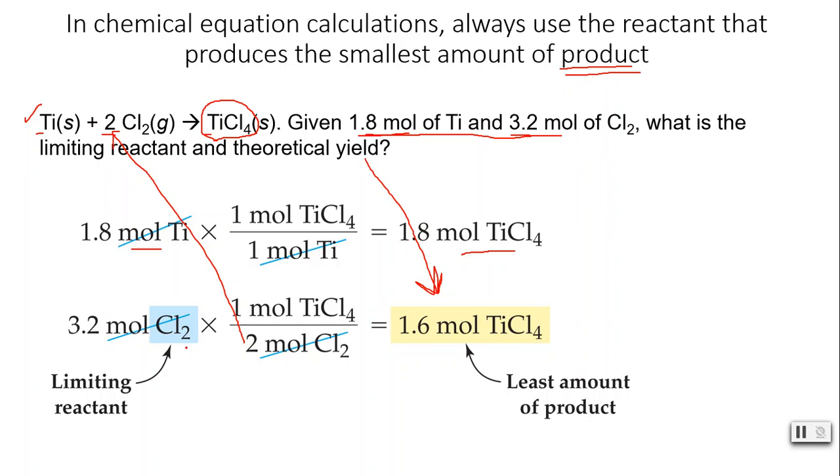And my limiting reactant would be the chlorine gas. So now note that even though I had less titanium mole-wise than chlorine gas, chlorine was the limiting reactant because it produced the smallest amount of product. Okay. So that's how to do limiting reactant problems when given moles of reactants.